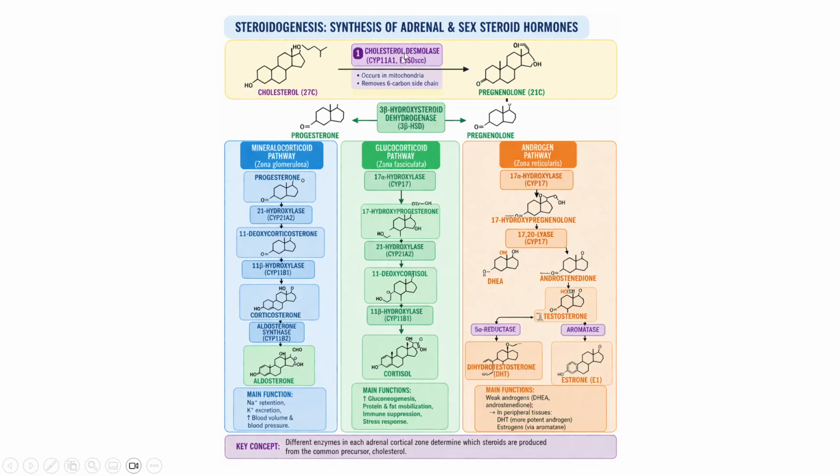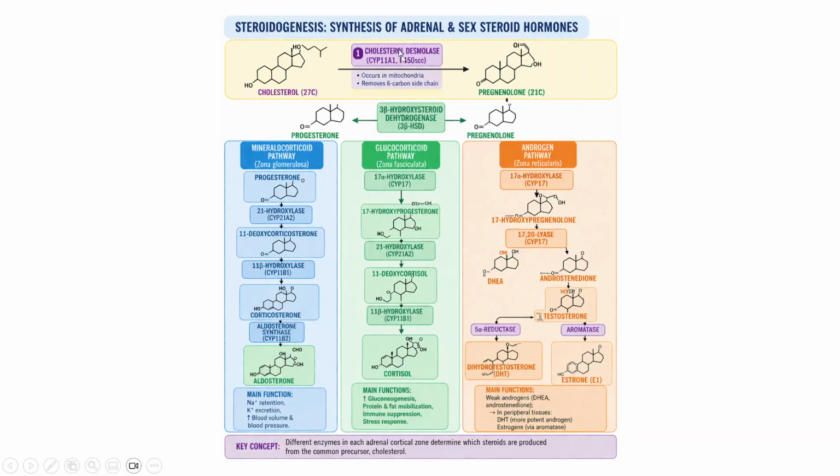The first common step, before it divides up into the different regions of the adrenal cortex based on what needs to be synthesized, is converting cholesterol with the help of cholesterol desmolase, which is also called CYP11A1 or P450 SCC. These are all synonymous.